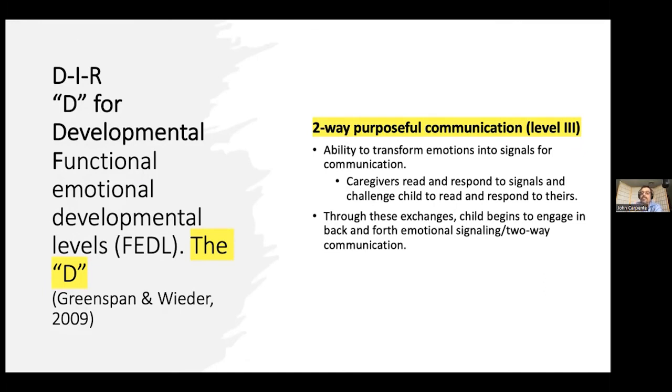So then through these exchanges, we're hoping that the child begins to engage in rapid back and forth emotional signaling that we call two-way personal communication. And this here, I believe, is a prerequisite to verbal communication. This would be all of the gestural ways that we communicate that lead to the ability to use words.